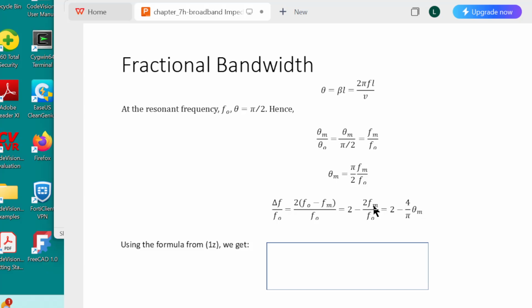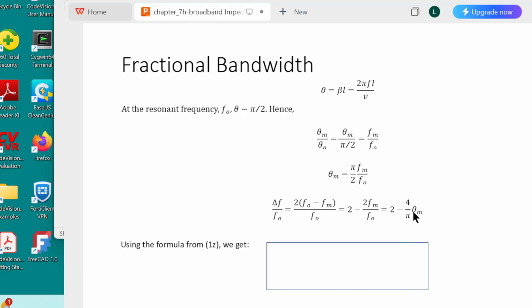And if we do a little bit of manipulation, it is equal to this value. And 2 times Fm over F0 is equal to what I have found out here: 2 beta m divided by pi, and if you multiply by 2, then it's 4 beta m divided by pi. So we have a very clean formula.